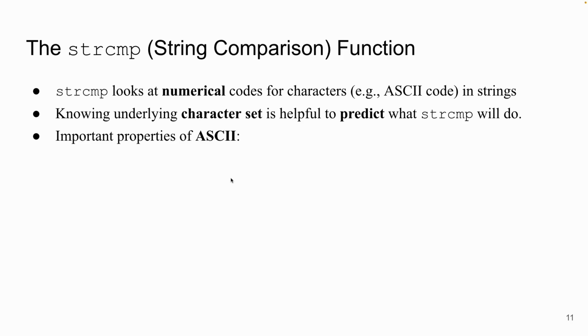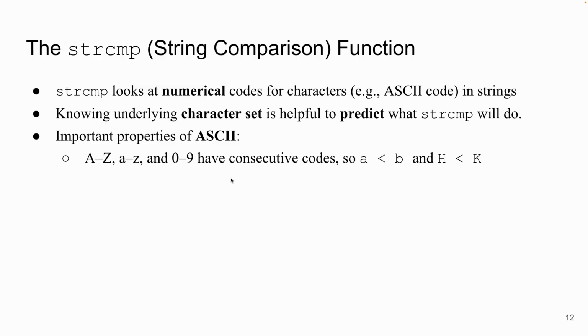And just like I said, strcmp will use the numeric code for characters, like ASCII code in strings. So it is very important to know what kind of character set I use in the current program, because I can use that character set to predict the output of strcmp. There are some important properties of ASCII code I want to remind you again.